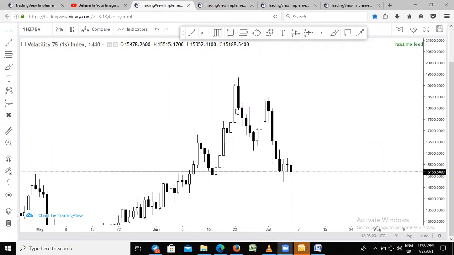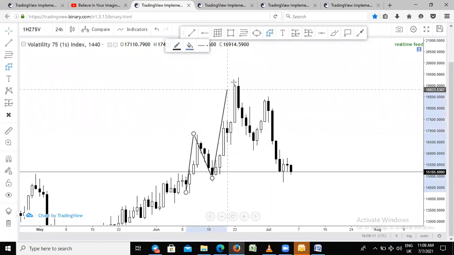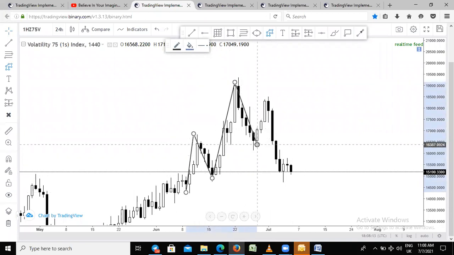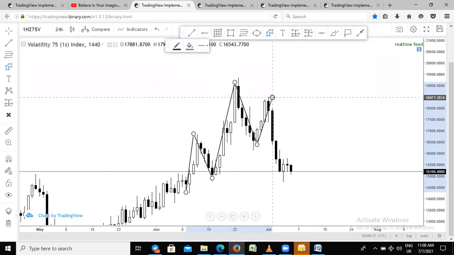Downtrend. Yeah, downtrend. Why is it downtrend? Look at this, family. We have the higher high, higher low, higher high, higher low, and the higher high. Then what happened next, family?